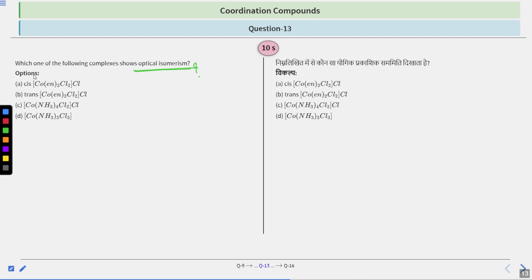Options are cis [Co(en)2Cl2]Cl, trans [Co(en)2Cl2]Cl, [Co(NH3)4Cl2]Cl, or [Co(NH3)3Cl3]. You have to tell which of the 4 options shows optical isomerism. You have 10 seconds to solve this question. After that, we will see the answer.